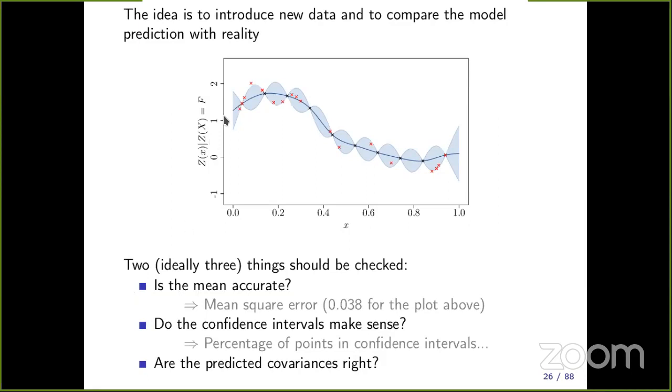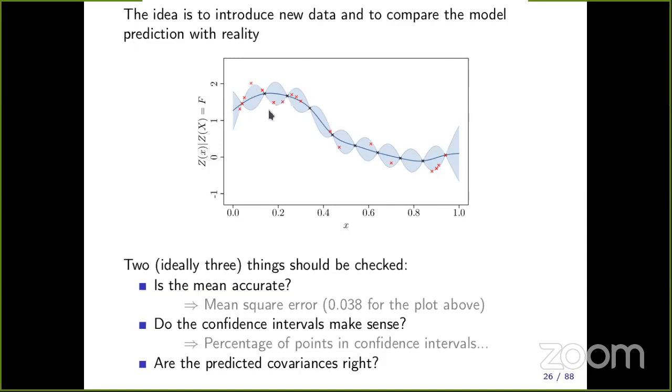Of course, we want to check that the prediction of the mean of the model is accurate. A typical criterion used for that is to compute the sum of the squared distance between the mean of the model and the actual observation. So just computing the mean square error is a good check.